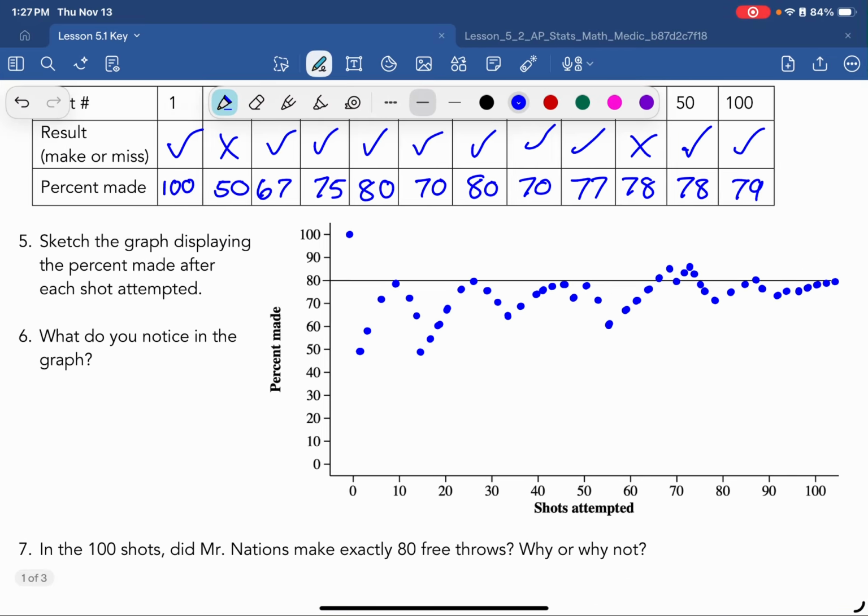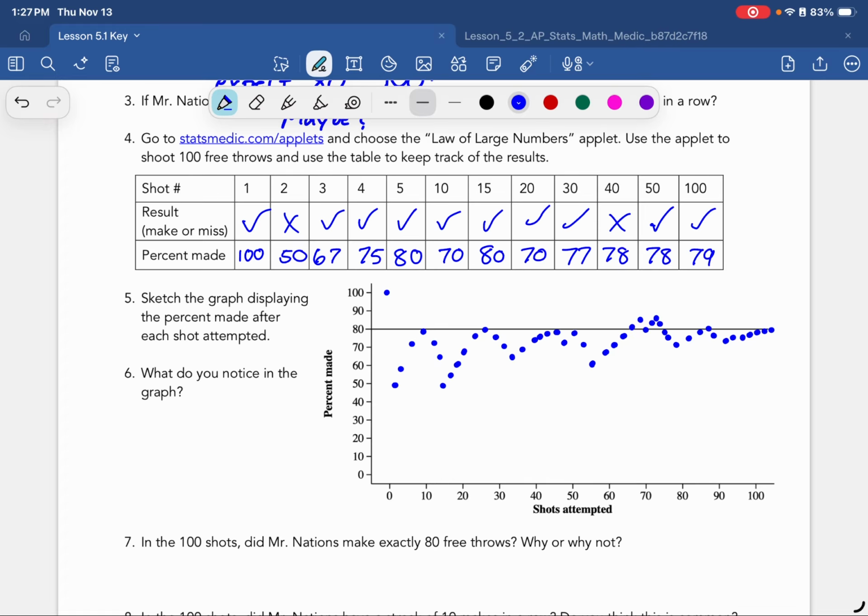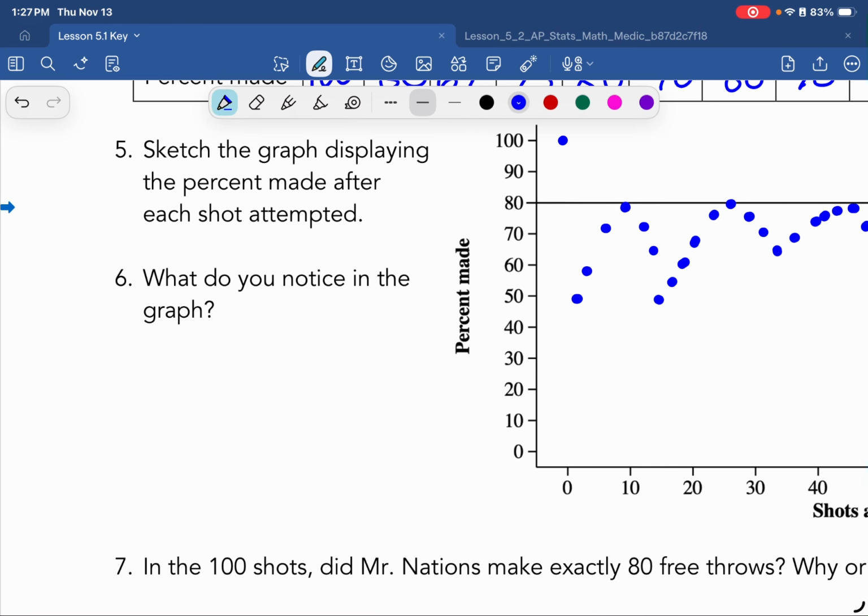So I want you to sketch your graph. Please go do this. Don't just copy mine. That's lame. But a couple things to notice here is that there's lots of variability at the beginning.